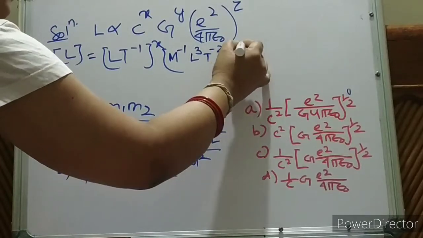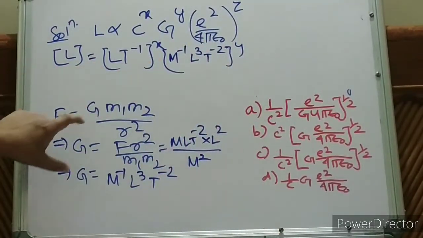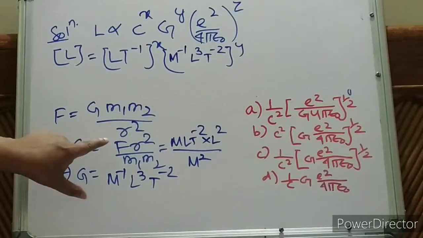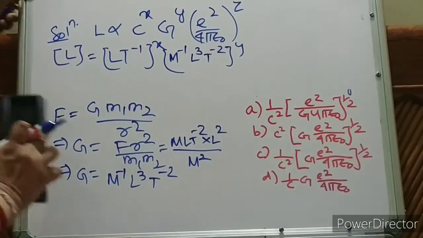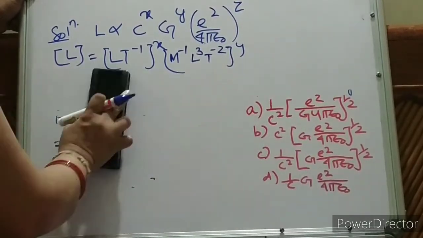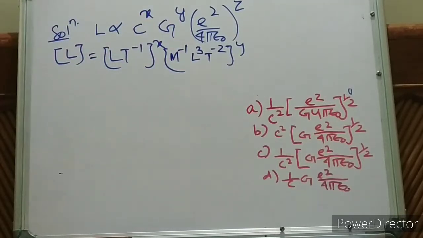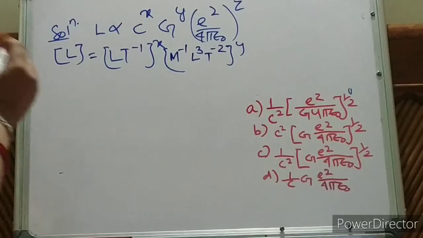Now how to find out this one? Now I am erasing this. Have you noted it down? So let me find out the dimension of e square by 4 pi epsilon naught. How to find out? Again we have used this formula. What is that formula?